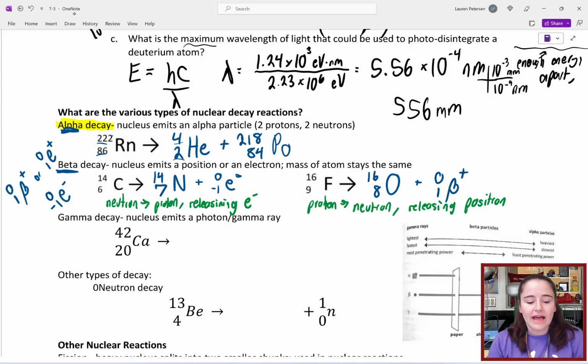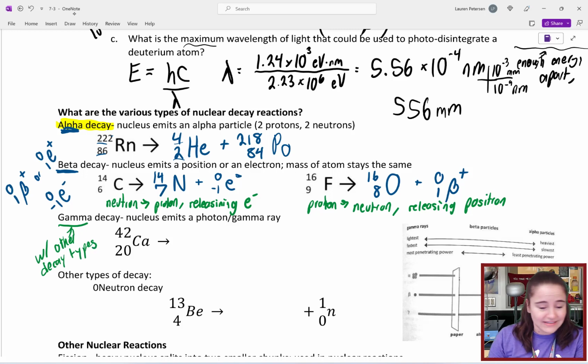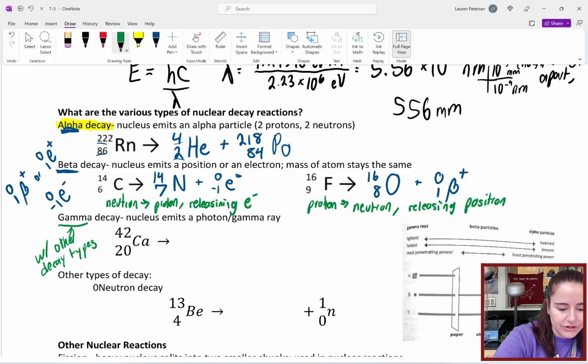Okay. Now, often you'll see gamma decay with other decay types. This is where it releases a gamma ray when it decays. So, for example, carbon undergoes alpha decay.